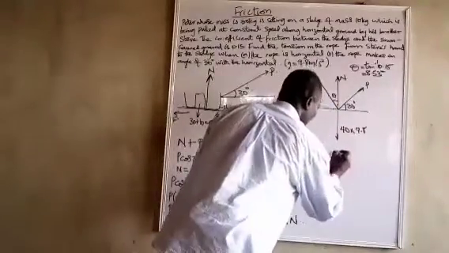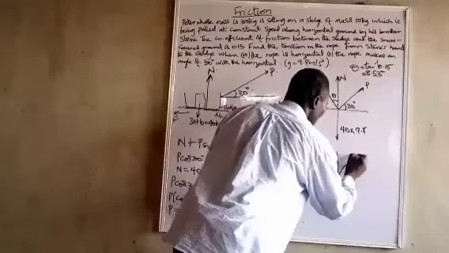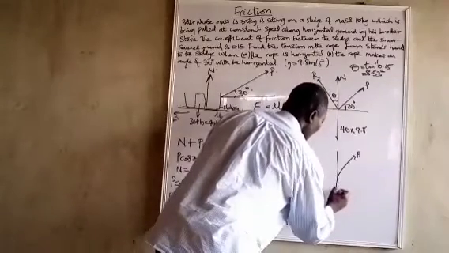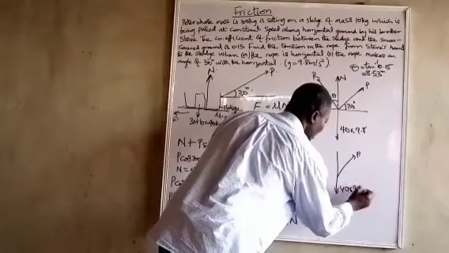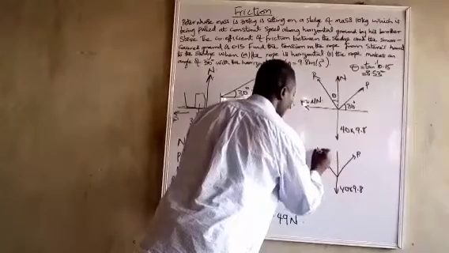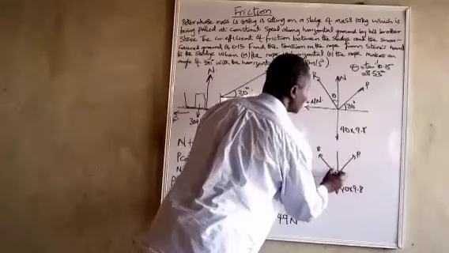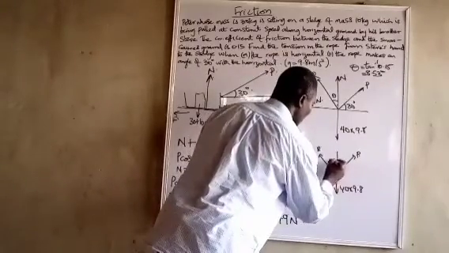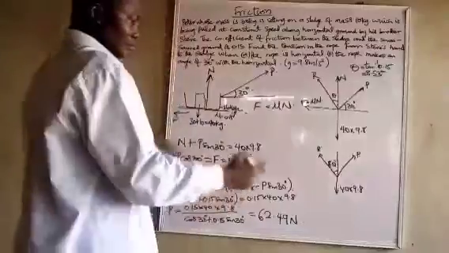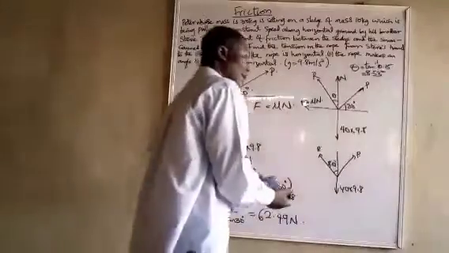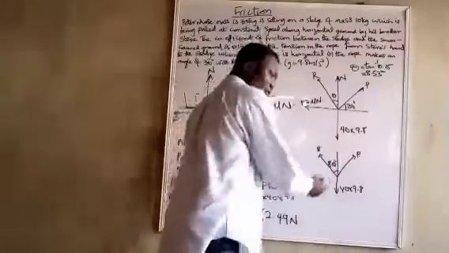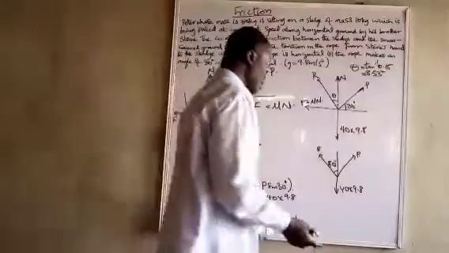So we have something like this: P, 40 times 9.8, and R. This angle is 8.53 degrees. So you can use the triangle of forces. You can also use Lami's theorem, any one you like.